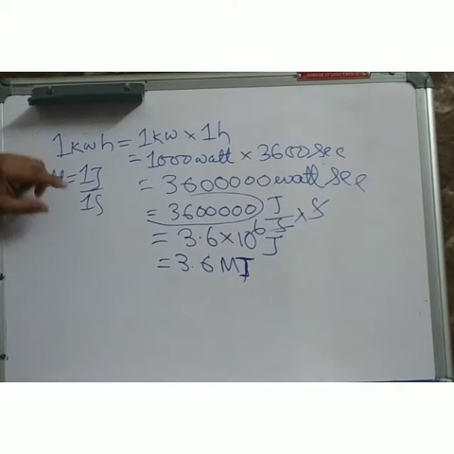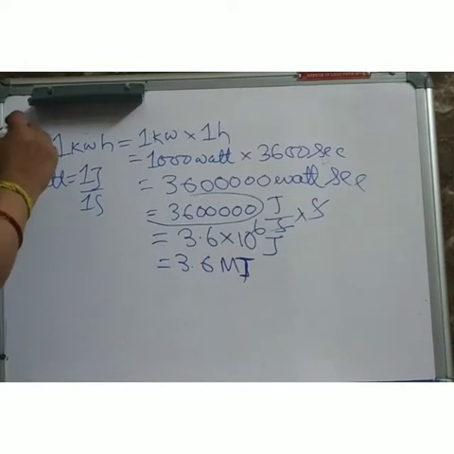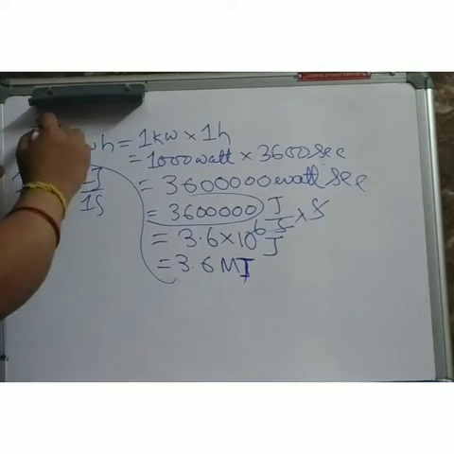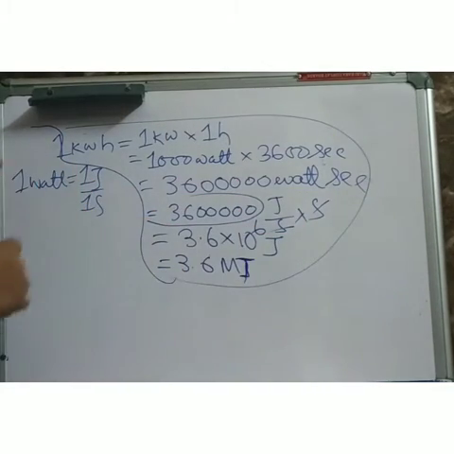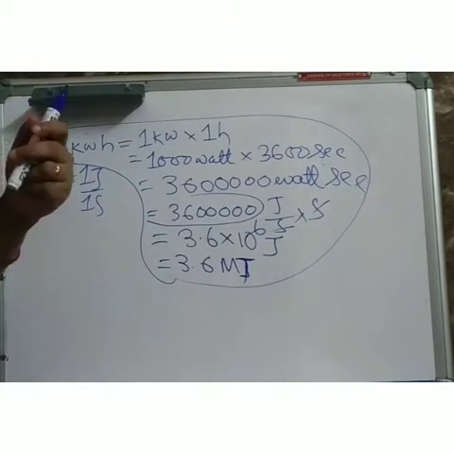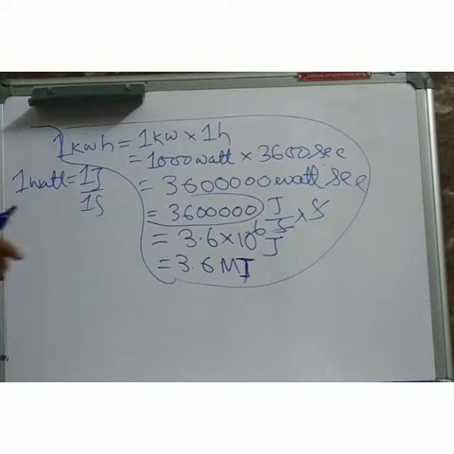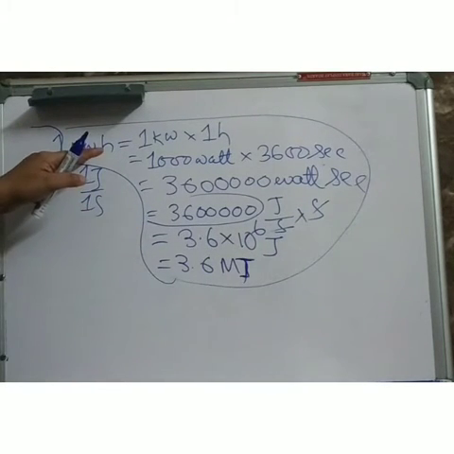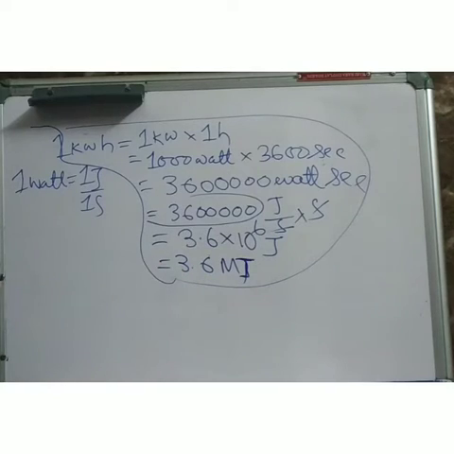Clear? Questions come on this relationship for 2 marks or 3 marks in the board exam, so please be careful on this. Now we have seen the relationship between 1 kilowatt hour and 3.6 megajoule.